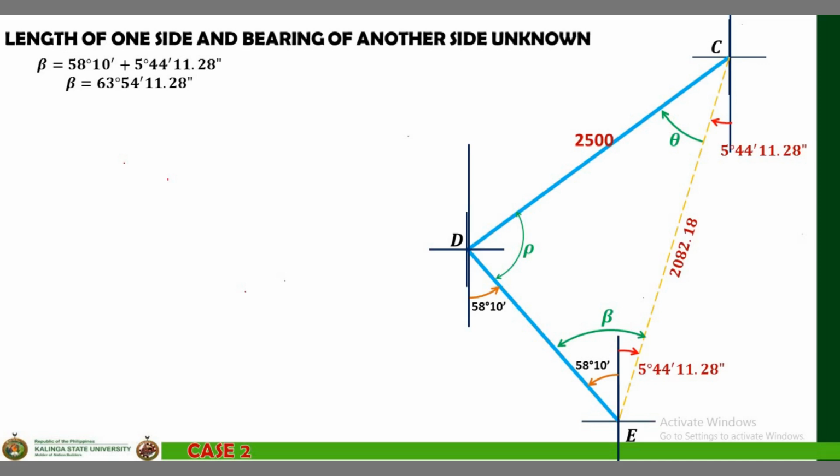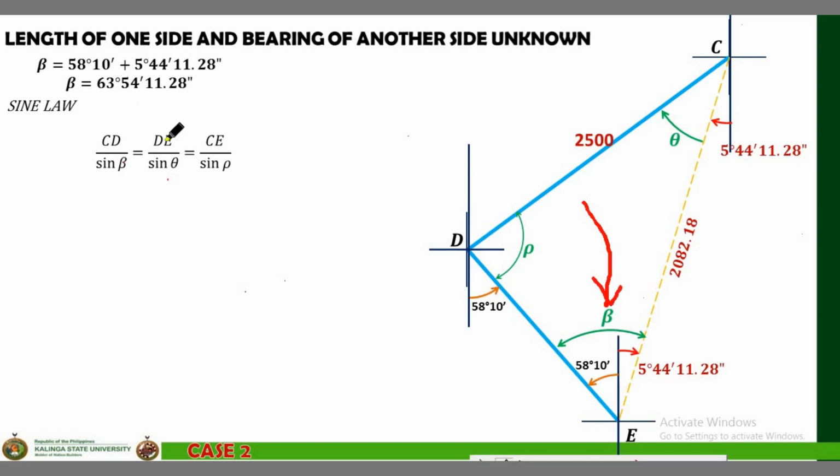So how will I do that one? If I'm going to use sine law, the opposite of CD is beta. Right?